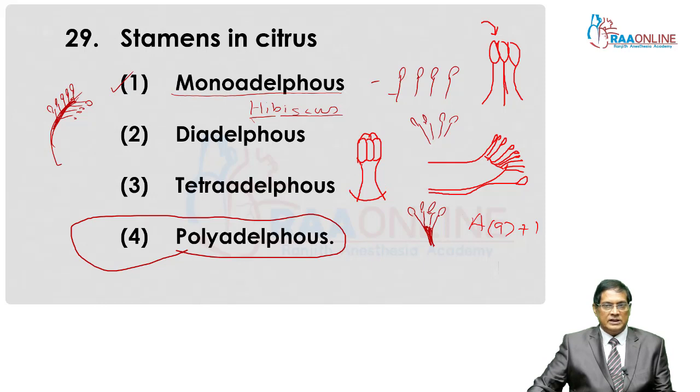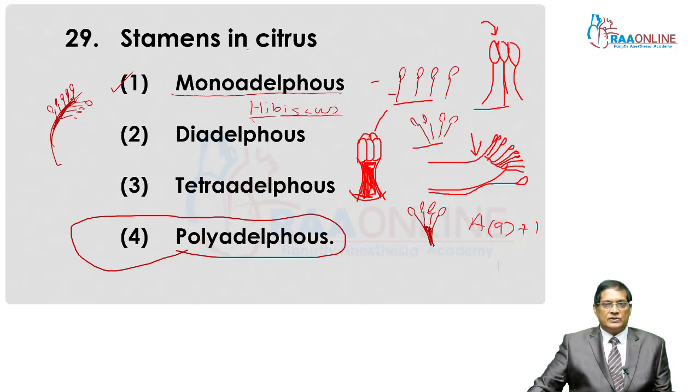Filaments as well as anthers, both are fused. This is known as synandrous condition. This is synandrous. This is polyandrous. This is syngenesious. This is adelphous. Adelphous is further divided into mono, di and polyadelphous. Monoadelphous, diadelphous and polyadelphous are well described in NCERT also.